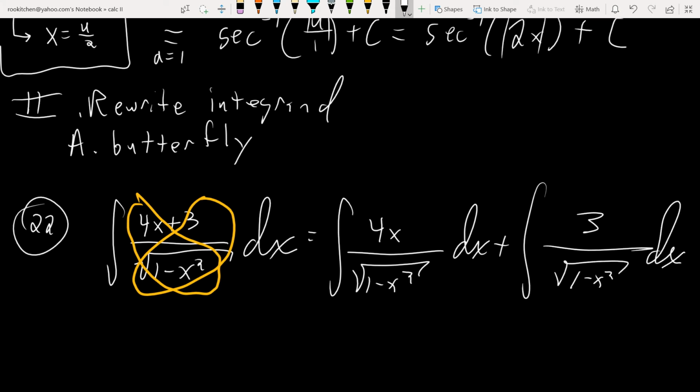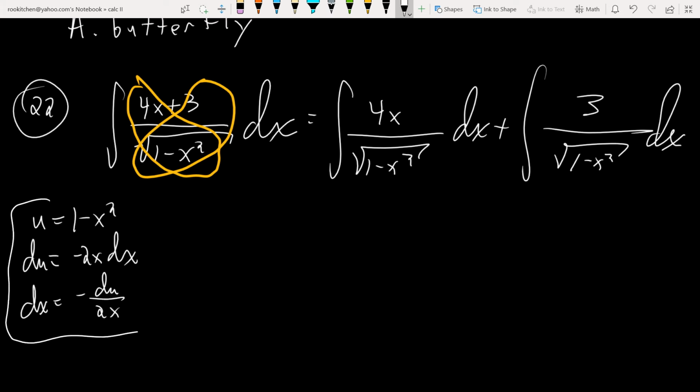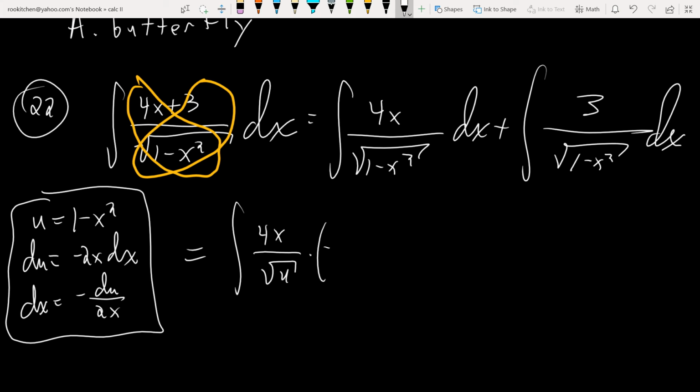The second one is clearly sine inverse with a value of 1. The first guy you're going to have to do a u sub on, right? So u is going to be 1 minus x squared, and then du is negative 2x dx. So my dx is going to be negative du over 2x. Okay. So I rewrite my first integral, 4x all over the square root of u times negative du over 2x.